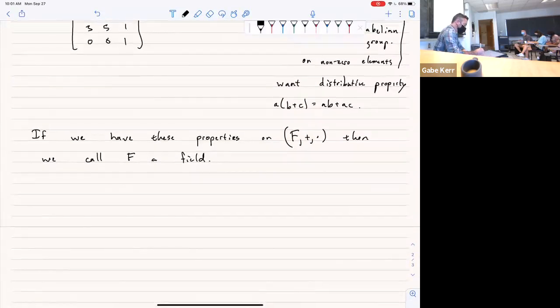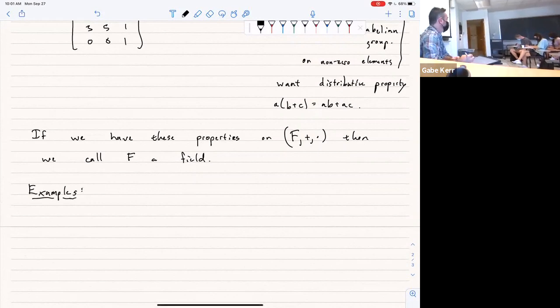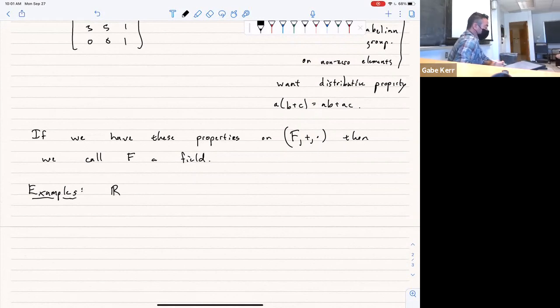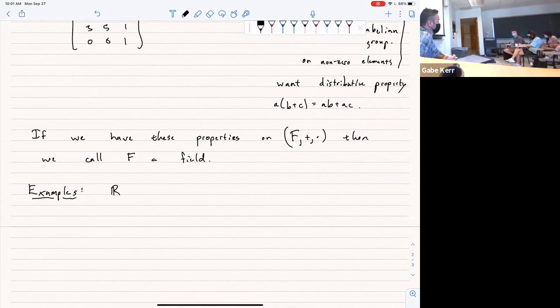So what are examples? I've listed three. They're definitely the three most familiar. Yeah, the real numbers. That's a field that is, as I've said before, actually a kind of complicated field, but it's the one that I think most people are most familiar with.